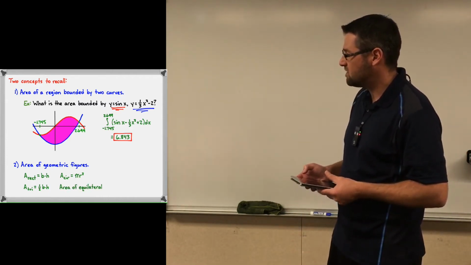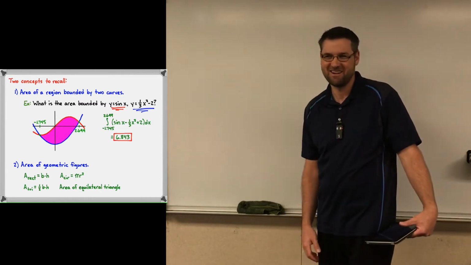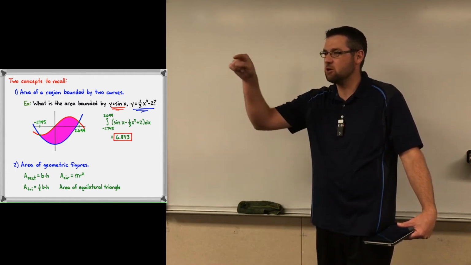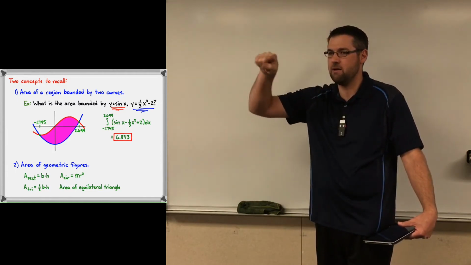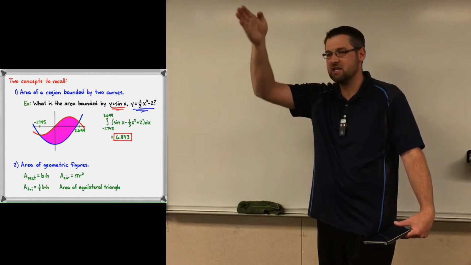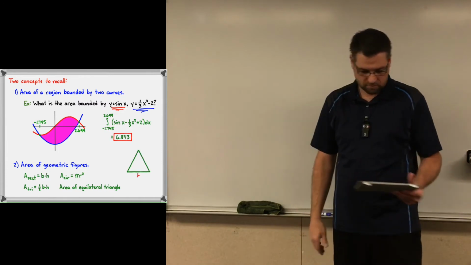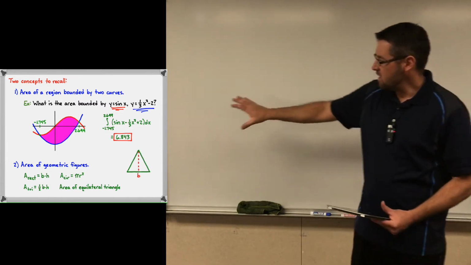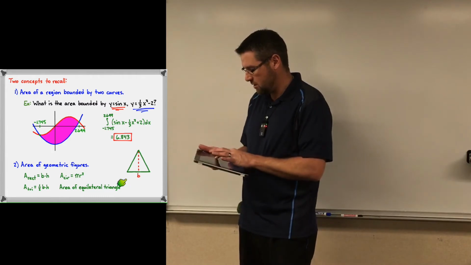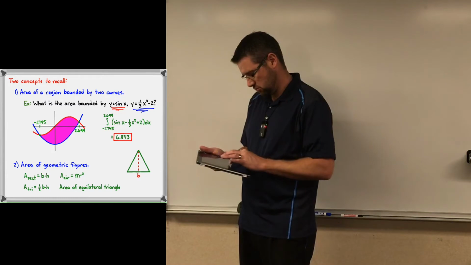What do I got? What's the area of an equilateral triangle? Without looking at my notes already there. In an equilateral triangle, all the angles are 60, right? So when you cut that one, you get a 30, 60, 90. So the height is the rad 3 side. So if that's an equilateral triangle, where that's the base, how do I find the height?